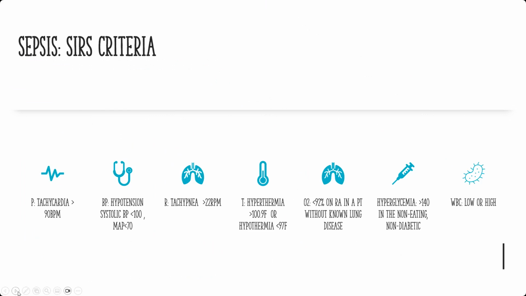They're going to be tachypneic, greater than 22, and hyperthermic or hypothermic. Okay, so hyperthermia greater than 100.9 Fahrenheit, or hypothermia. And I will tell you, just from my experience, some of the worst septic patients that I've ever seen have been hypothermic, right? Because of the metabolic state, if you think about fever, our body is going to increase our fever to help fight off that infection.